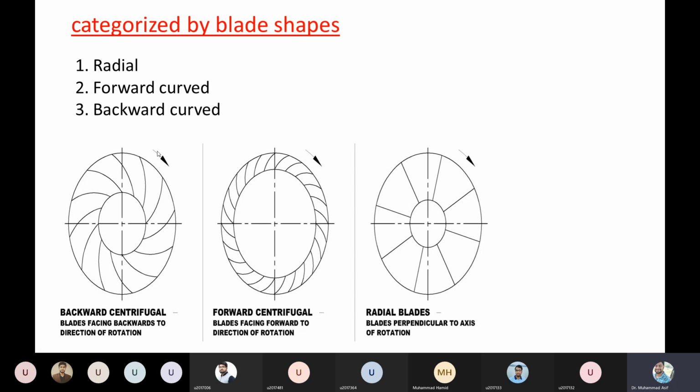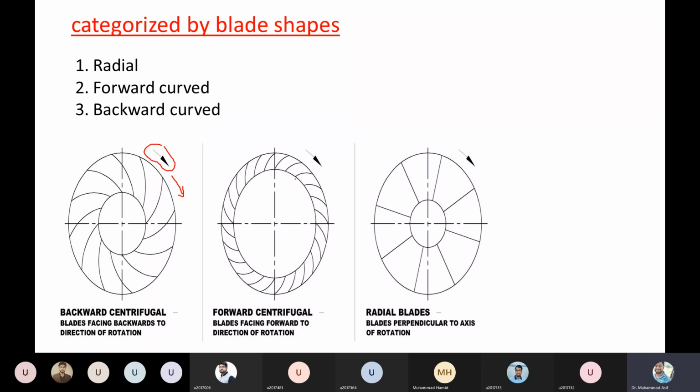As you can see, this is the direction of the rotation, whereas the blade is facing backward. So that's called the backward curved centrifugal fan, right?